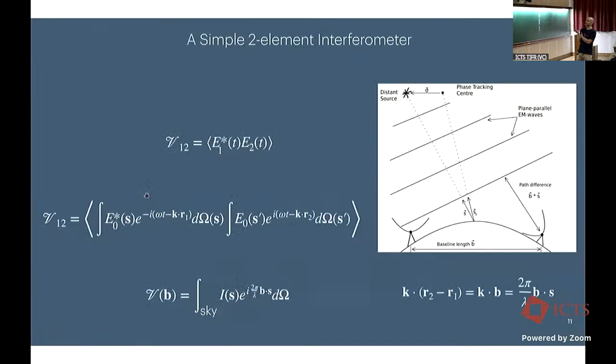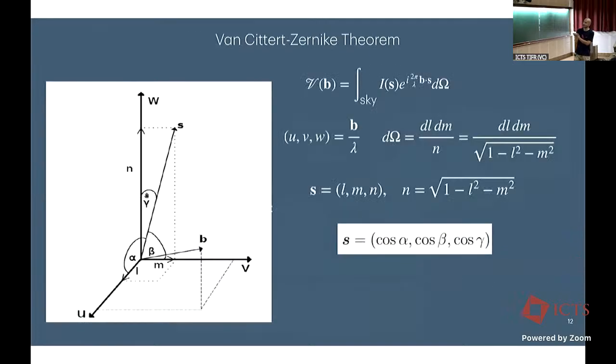The phase tracking center. Now, then we have L, M, and N. L and M are the so-called direction cosines. They describe where the source is, what the source looks like on the sky. And L and M, and also gamma, which is in the direction of the source, are just the direction cosines: cosine alpha, cosine beta, cosine gamma.